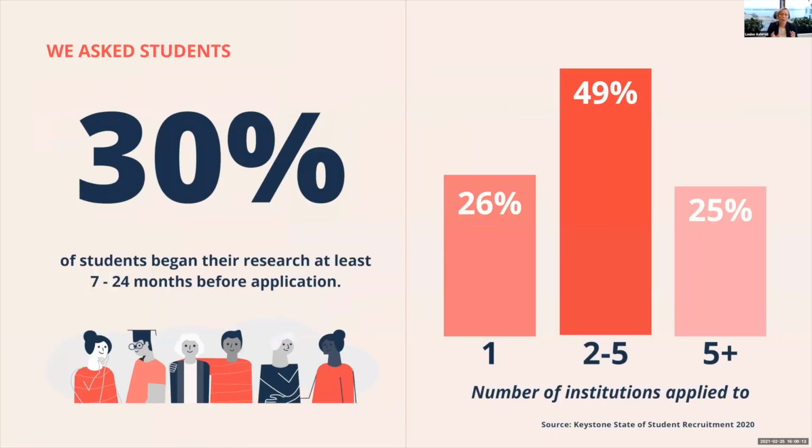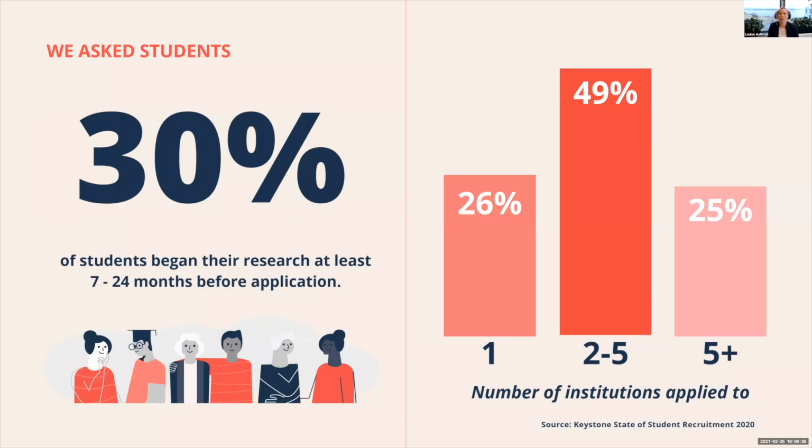Okay, and so to illustrate the competitive nature of the current recruitment landscape, have a look at this survey that we conducted with over 20,000 students. You can see the high number of different institutions potential students are applying to.